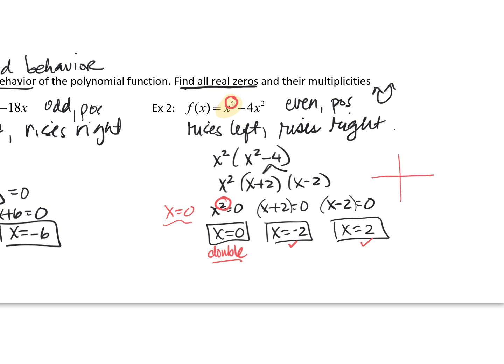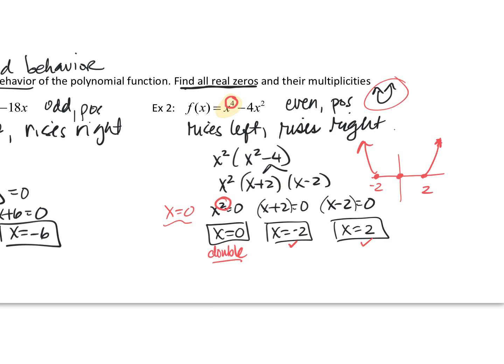Because when we go to graph these guys in the next session, okay, so we know it's hitting the x-axis at 0, and we know it's hitting at -2, and we know it's hitting at +2. And we already determined the end behavior, right? That means the far edges, they're both going up, so I can do this.